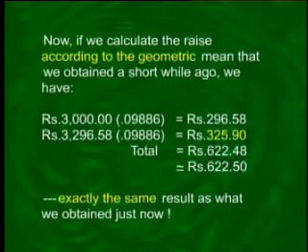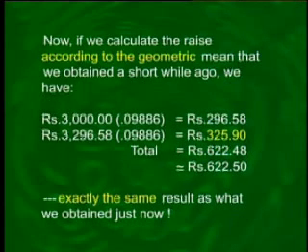Now, if we calculate the raise according to the geometric mean that we obtained a short while ago, we have rupees 3,000 into 0.09886 equal to rupees 296.58 as raise number 1, and rupees 3,296.58 into 0.09886 equal to rupees 325.90 as raise number 2.